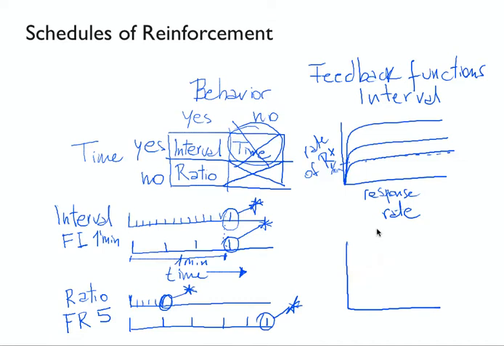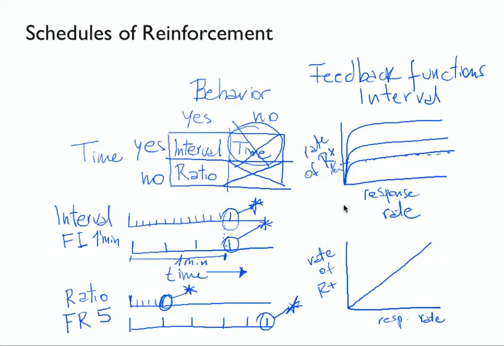Now, think about what happens in a ratio schedule. Again, this is rate of reinforcement. This is response rate. And now, the feedback function looks very different. The faster I respond, the quicker I get reinforcement.